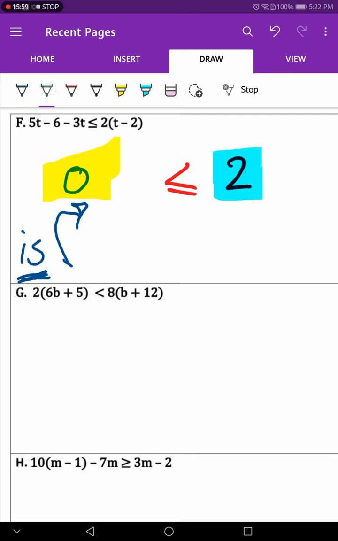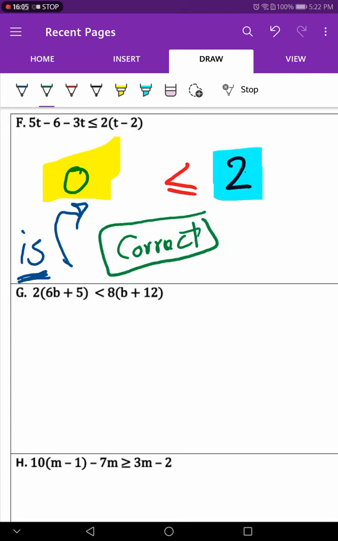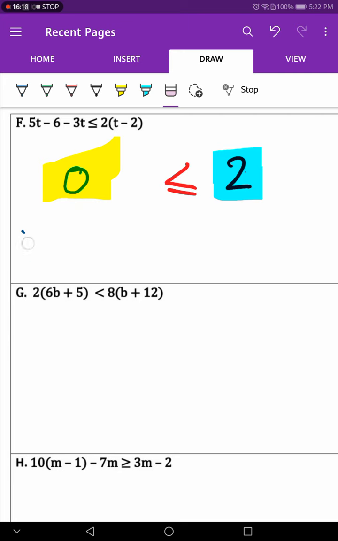So this statement is correct. And because it is correct, you have to say the solution is all the real numbers. So here the solution is all the real numbers.